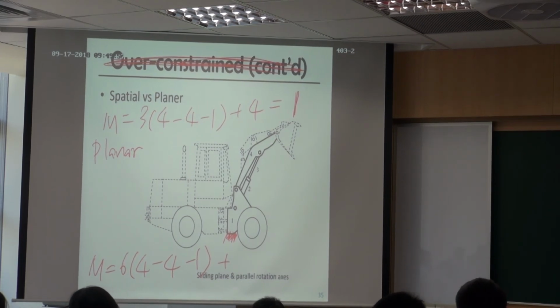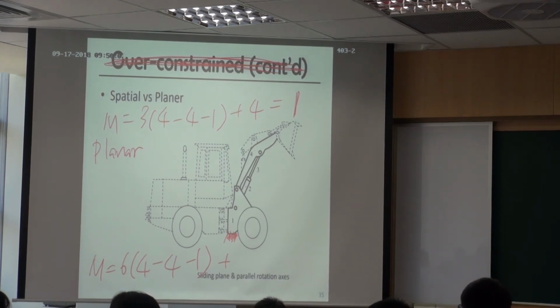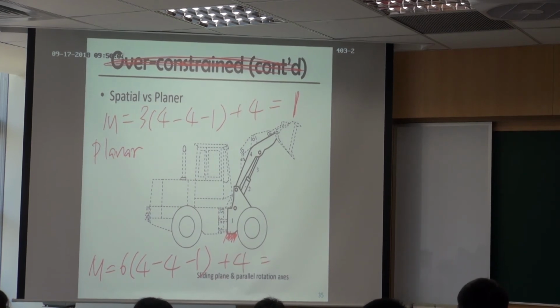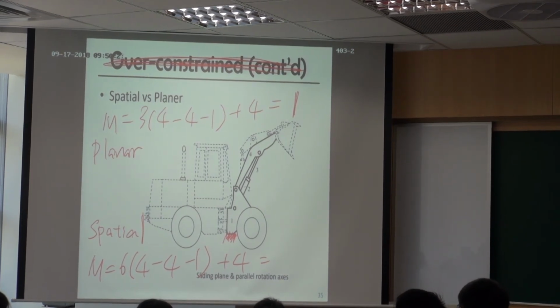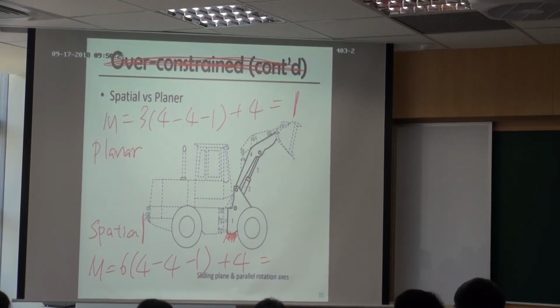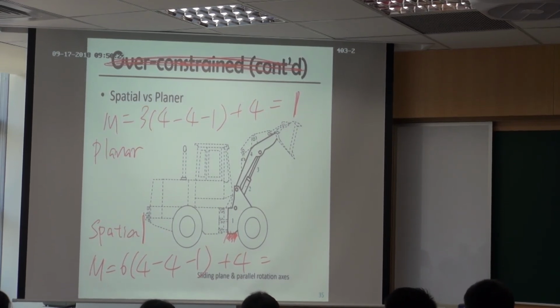Because these are R joints and a P joint, each joint contains 1 connectivity, or 1 degree of freedom, so we'll add 4 back. But if you use this equation for spatial mechanisms to calculate the mobility, you will get 6 times minus 1, so you'll get minus 6 and plus 4. So you actually will get minus 2.